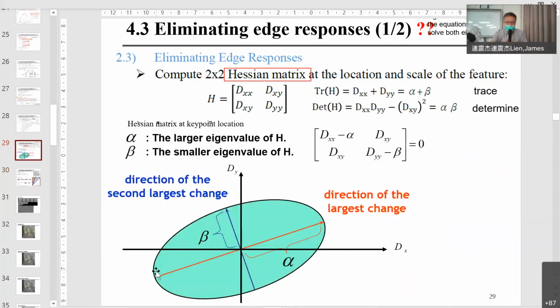If alpha is very big and beta is very small, it becomes very narrow, an ellipse, so there is directionality, and that is an edge. What's the corner?